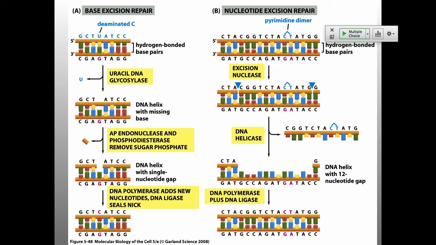So once you have one of these AP sites, then there's an endonuclease and a phosphodiesterase, which you could also call an exonuclease. So endo cuts in your DNA, exo chews up, in this case, just one nucleotide. Now you have a gap, a 3' OH, a template.